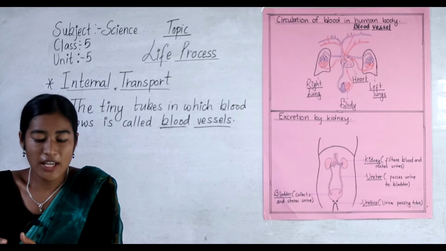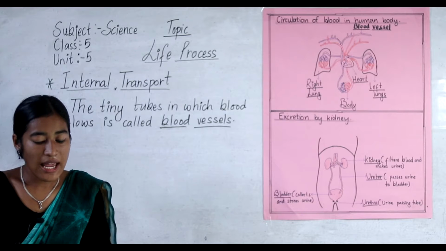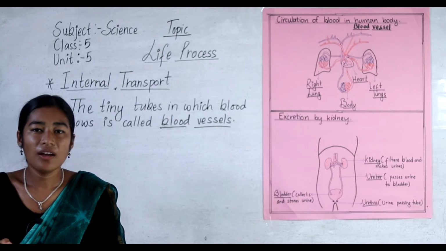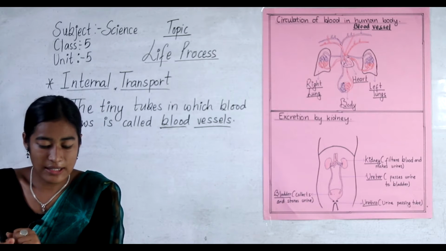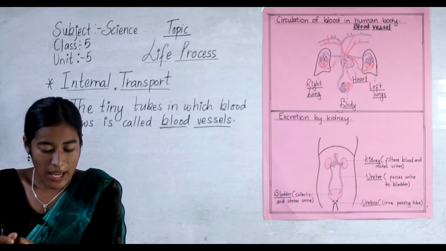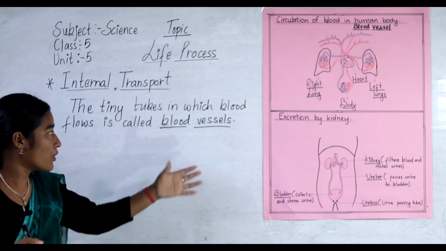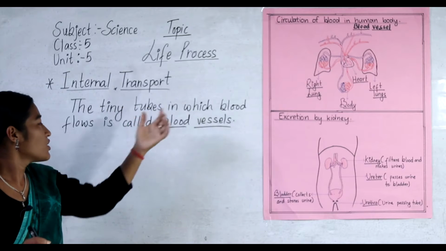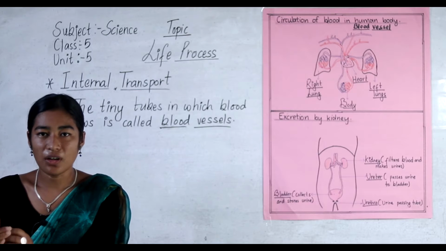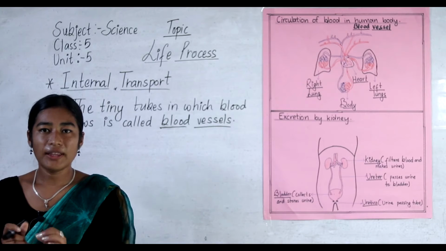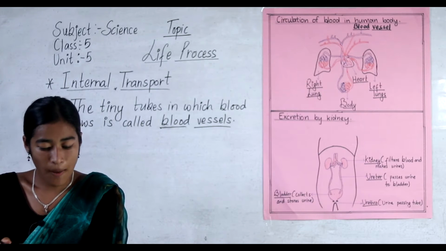The heart has 4 chambers and is made up of very strong muscles. It acts like a pump, and when the heart contracts, meaning decreasing in size, the blood flows throughout the blood vessels, the tiny tubes in which blood flows. It relaxes when it is filled with blood.